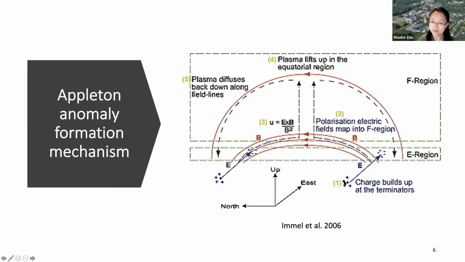Okay, the positive charge particles are now further out here and negative charge particles here. This is like we are looking at the equatorial ionosphere region from the dawn sector and looking towards the dusk. Okay, that's the viewing geometry.